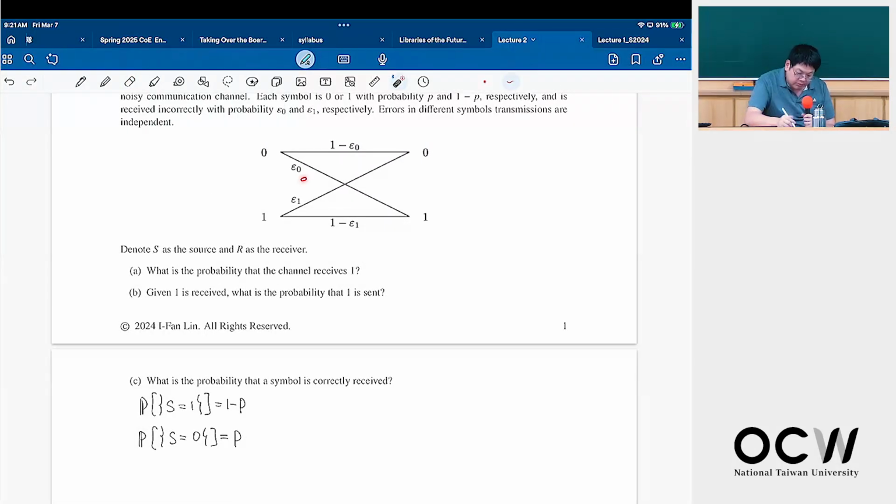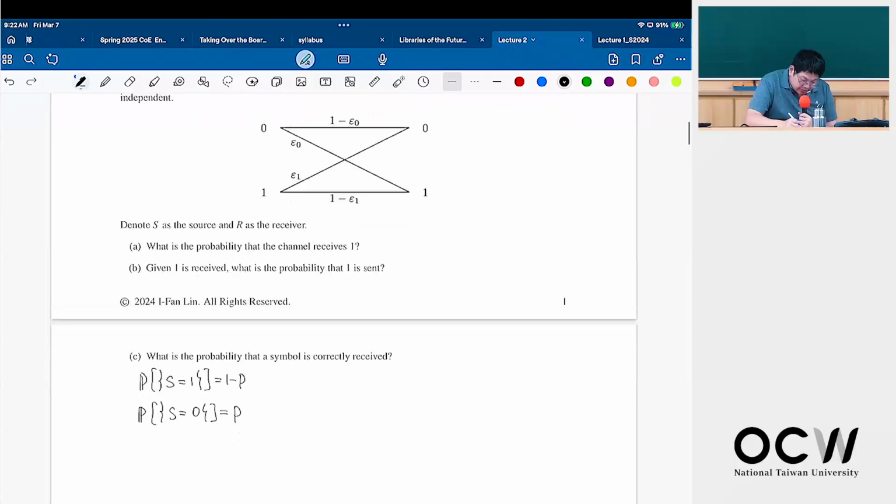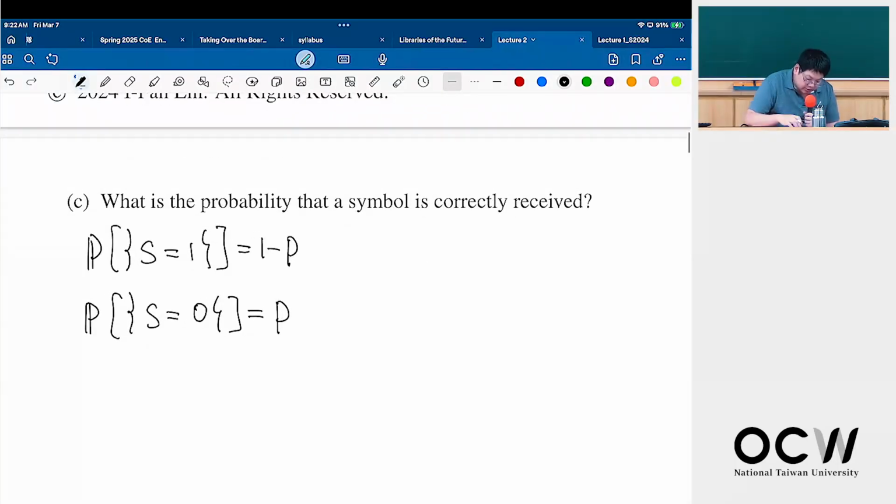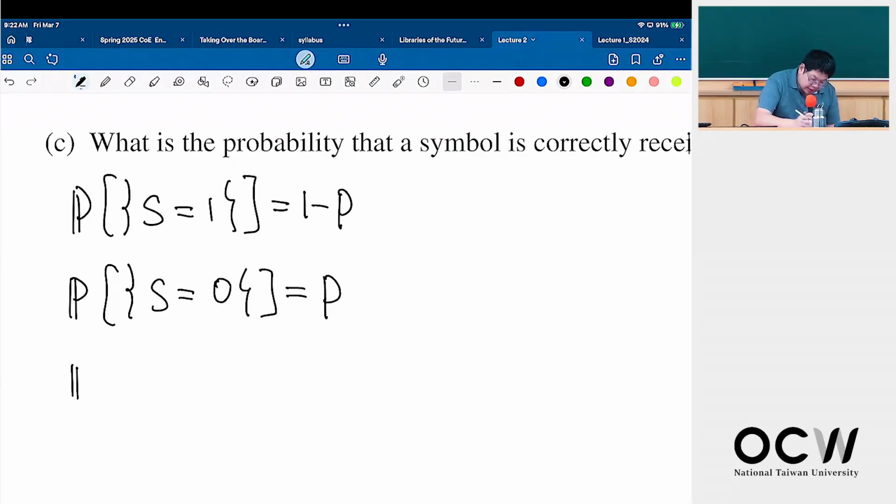Then what does it mean that I have epsilon naught or epsilon 1? Epsilon naught means that I receive 1, but actually I sent 0. So epsilon naught means I sent 0, but I receive 1.